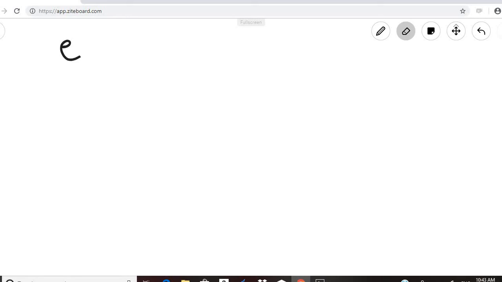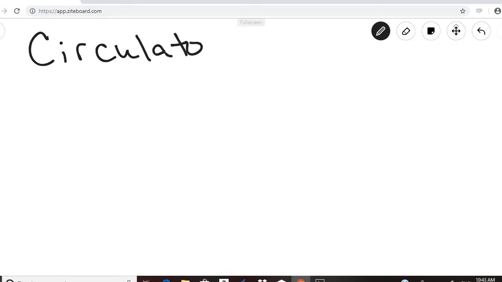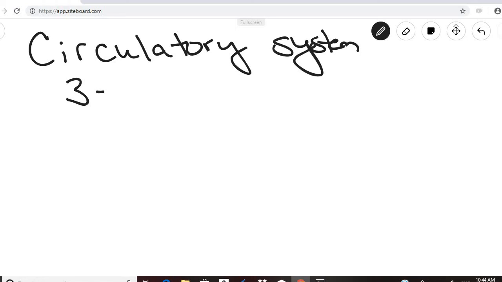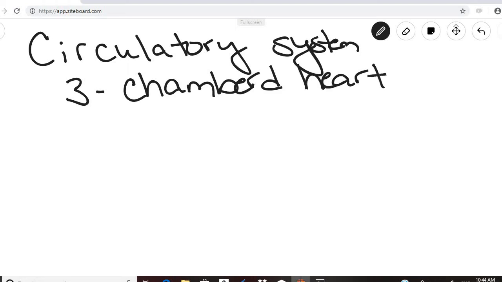Well, first of all, let's start with the circulatory system. So they have a 3-chambered heart. And what they have is they have 2 atria and 1 ventricle.